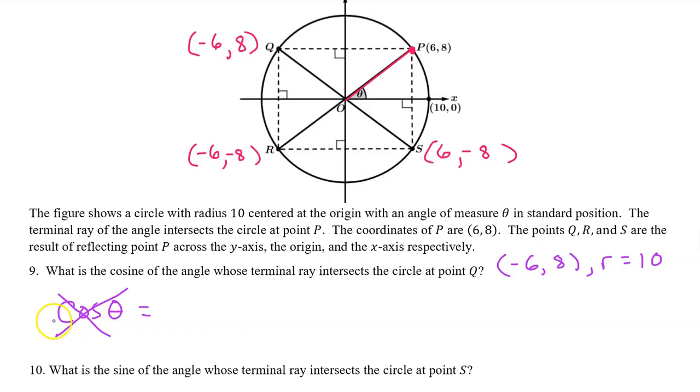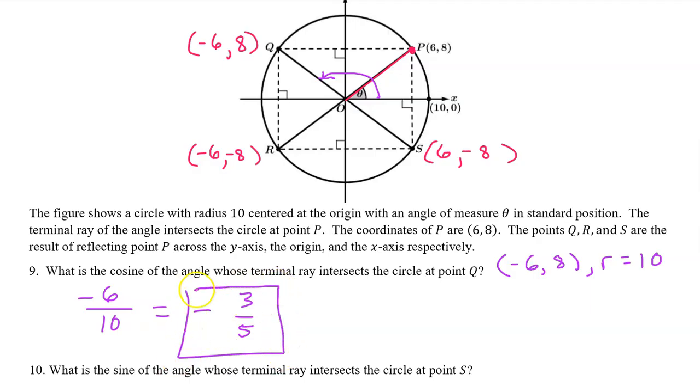Be careful not to say cosine theta for this problem, because theta is the angle whose terminal ray goes through point P, not point Q. Instead, we will go straight to the answer. The cosine of this angle is the horizontal displacement divided by the radius. So that's going to be -6 divided by 10, which reduces to -3/5. So that's it for number 9.